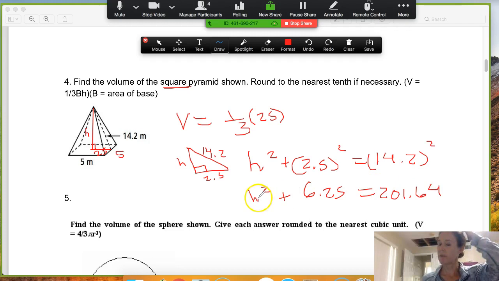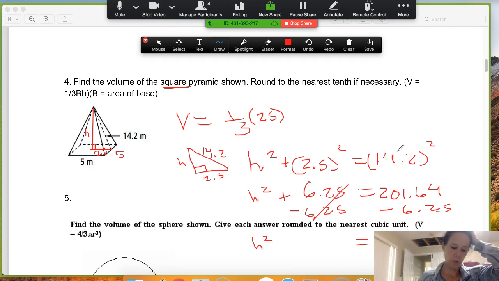All right. Now to solve for h, I'm going to subtract this from both sides. Just do the math here. And I'm going to get h squared is 201.64 minus 6.25. On a calculator, I just did that. So 195.39.